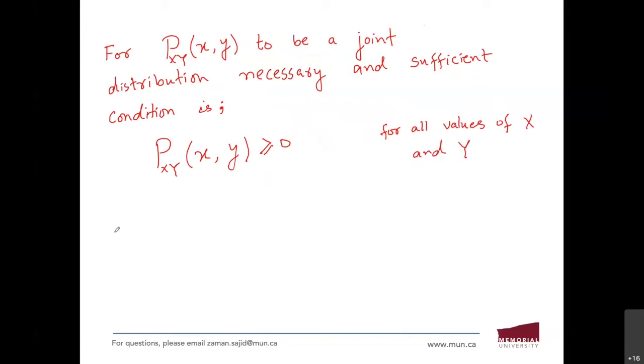The second condition is the probability of x and y. Now you need to pay attention here. The sum of this probability should be equal to 1.